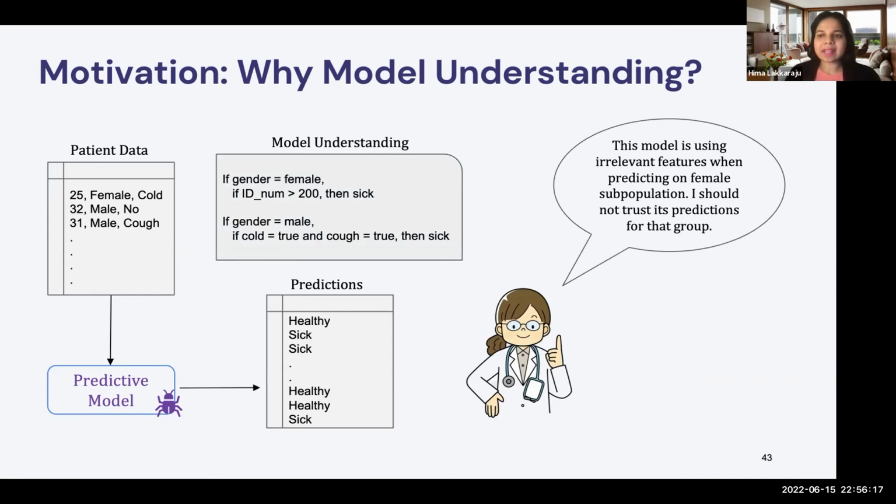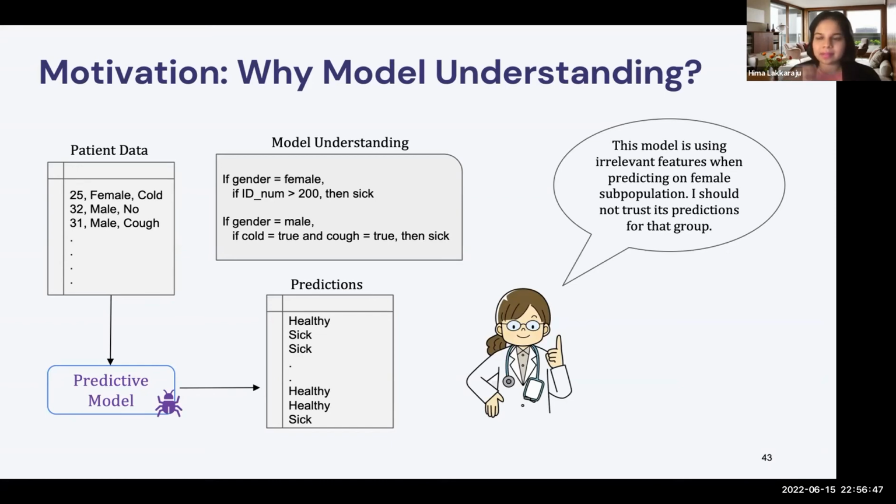So in this case, if we provide a big picture view of the patterns that the model is using when making predictions, for example, as you can see on the screen currently, the model is basically using reasonable features such as symptoms such as cold and cough to see if a male patient is sick. But in the case of female patients, the model is relying on ID numbers to determine if a patient is sick or not, right?